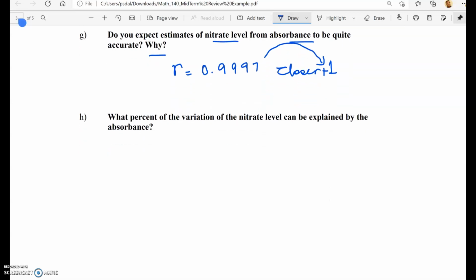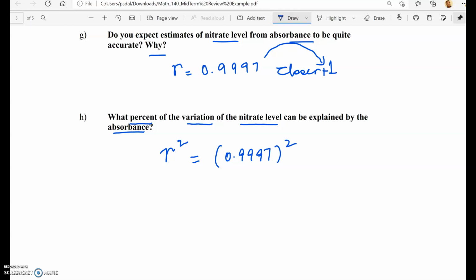The last question is, what percent of the variation of the nitrate level can be explained by the absorbance? So what percent of the variation of the response variable can be explained by the explanatory variable? Here is when you need to figure out what R squared is. So 0.9999 the whole squared.